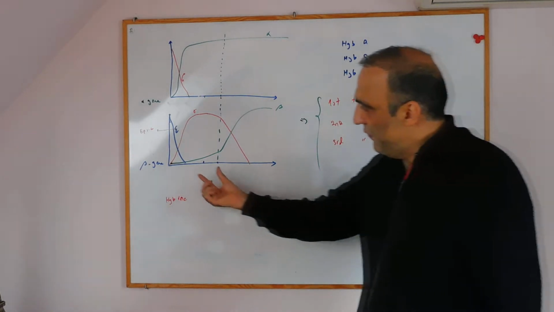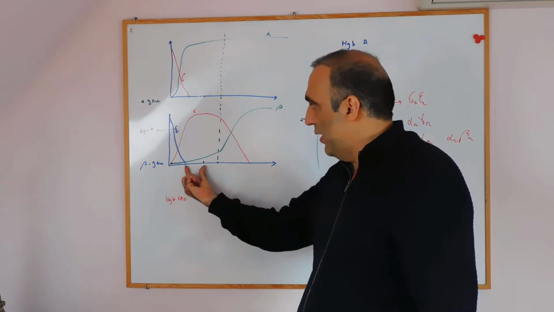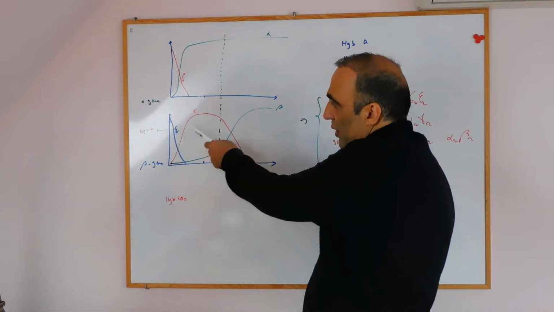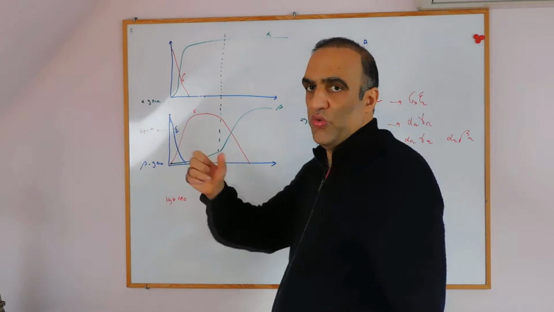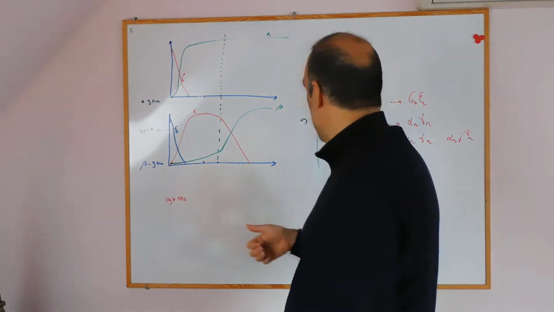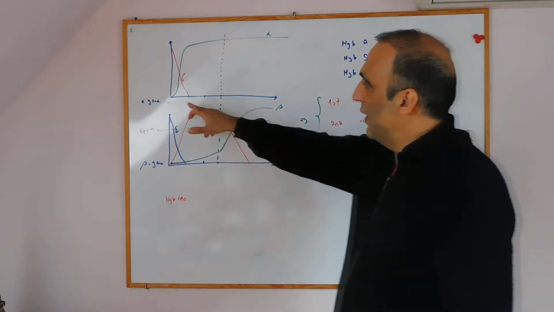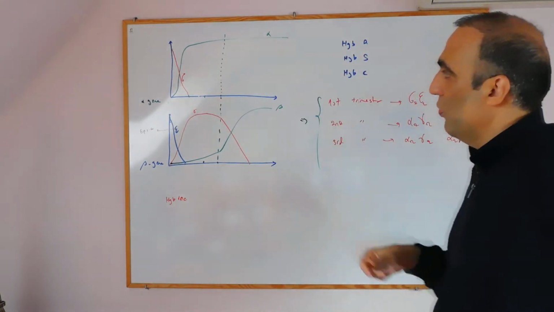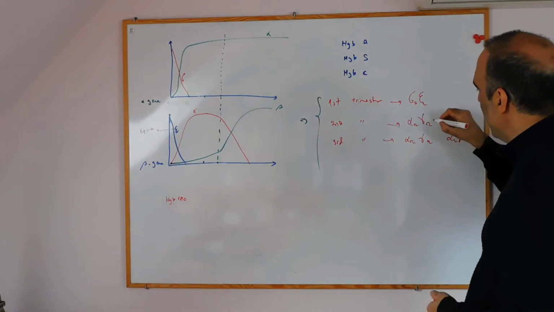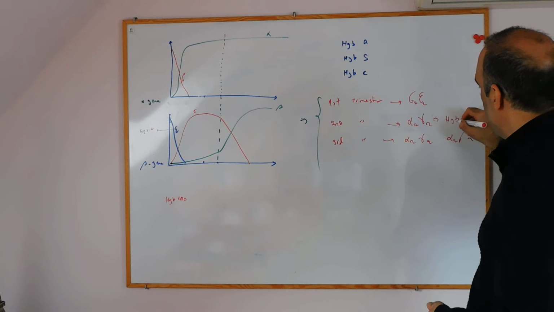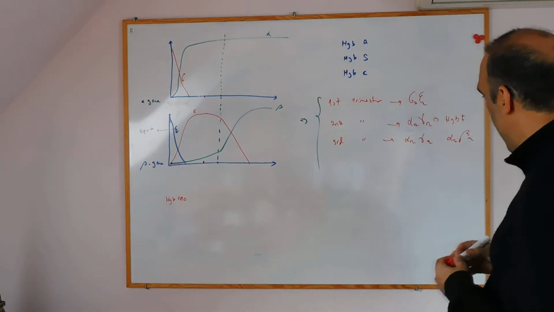After the first trimester, in the beta gene we mainly produce the gamma subunit, and the alpha gene also produces mainly the alpha subunit. This one we call hemoglobin F or fetal hemoglobin.